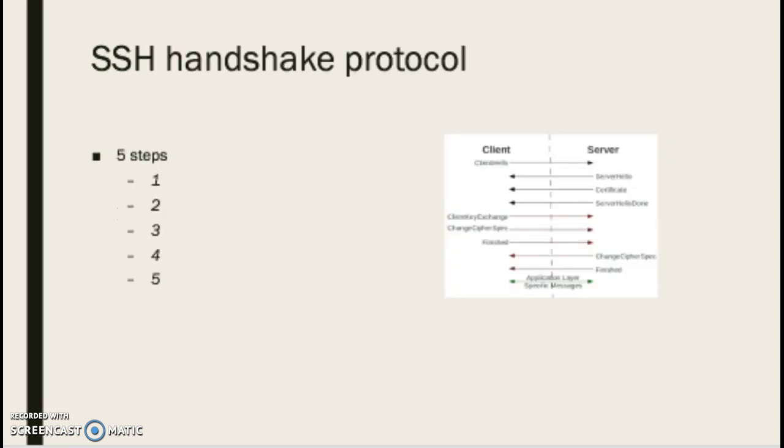But let's talk about this SSH handshake protocol. It's 5 steps. Step 1 is the client will send an SSH request to a server. Step 2 is the handshake part, after the client sends out the request. It's a synchronized packet.